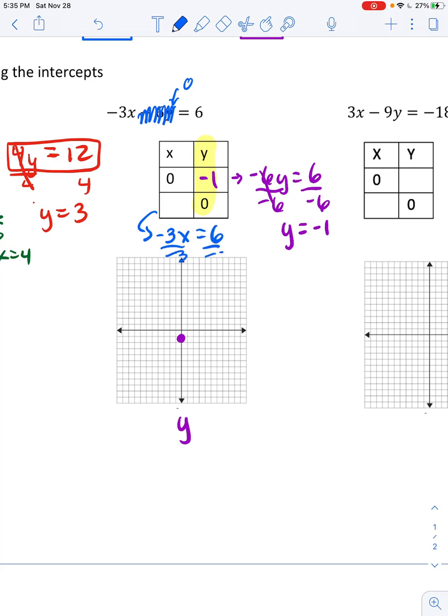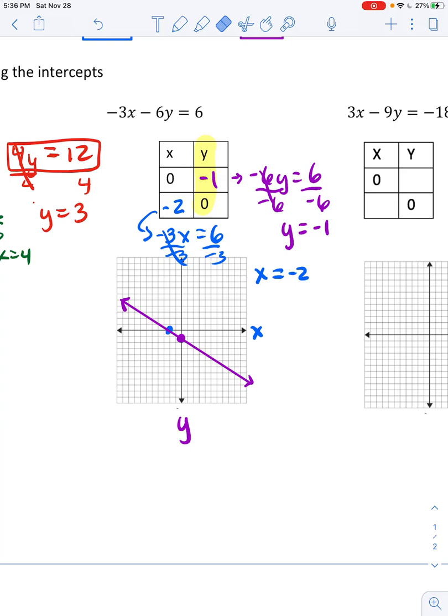Dividing by negative 3, I find out that the x-intercept will be located at negative 2. So I go to negative 2 on the x-axis. I've got my 2 points. I can get out my straight edge and draw a line through both of them. And that is going to be my equation graphed using the intercepts.